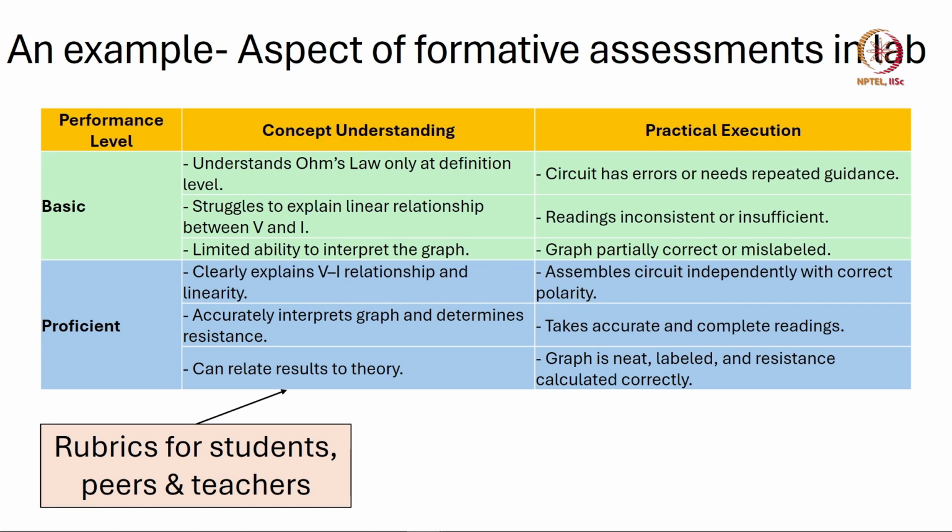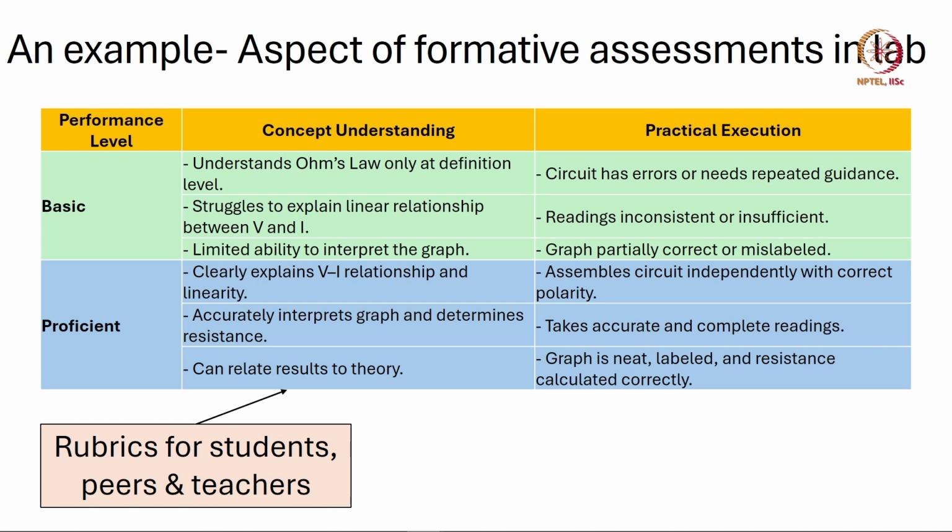If I'm able to assemble the circuit independently with correct polarity, which means I am at the proficient level. This kind of detailed rubric also gives an opportunity for self-assessment and peer assessment, and all the stakeholders in the classroom, all the agents of teaching-learning, which is teacher, student, and the peer, are aware about the desired expectation.